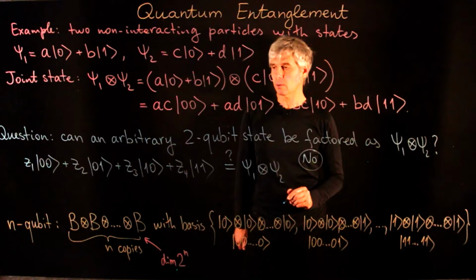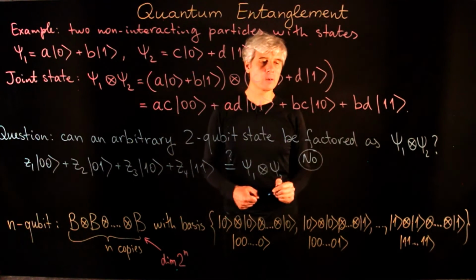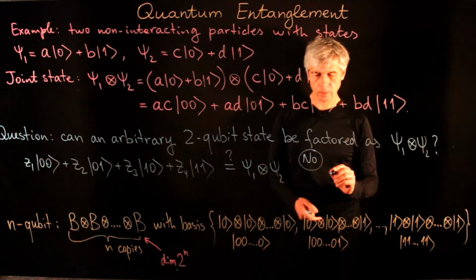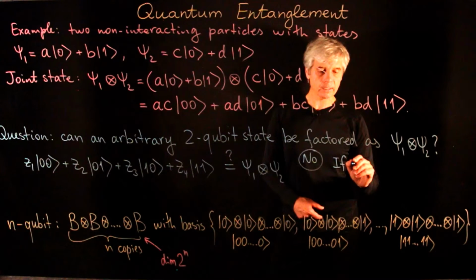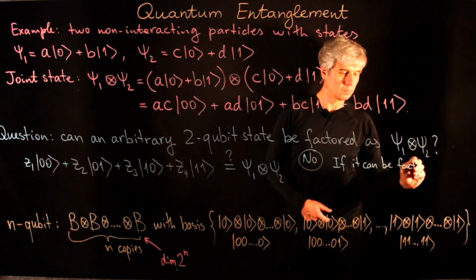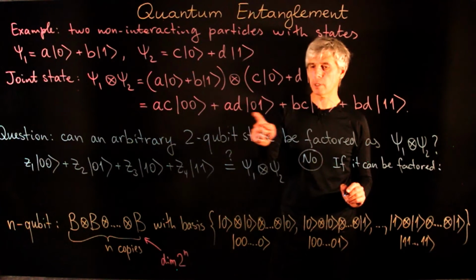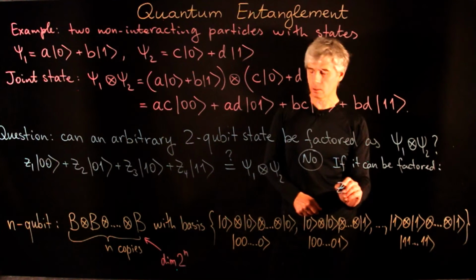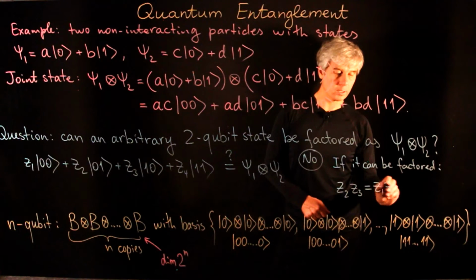Because if it can be factored, then it can be written in this way. And the consequence of this is that the product of these two coefficients, z2 times z3, must be equal to z1 times z4, right?